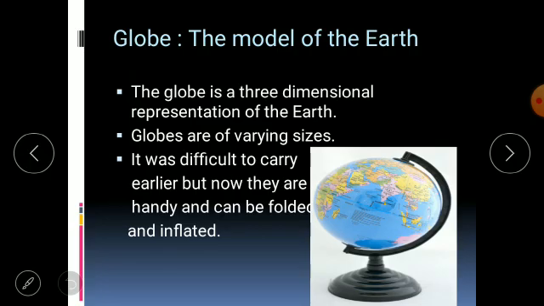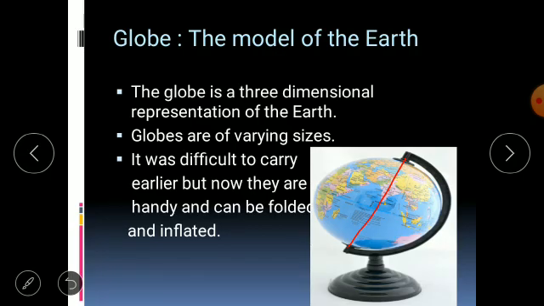As you can see in the picture, the axis of the globe is tilted at an angle of 23.5 degrees to its vertical. So the axis is tilted at 23.5 degrees to its vertical because the earth is also actually tilted at this angle.